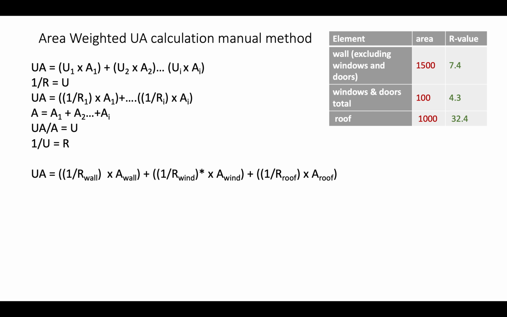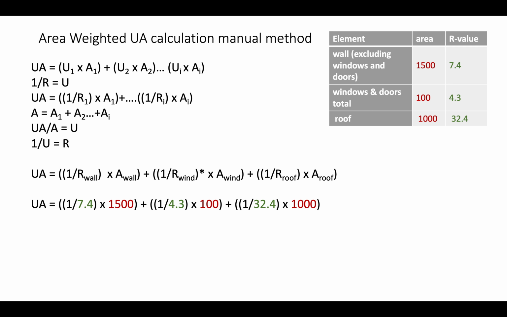So we can set up this particular example with 1 over the R value of the wall times the area of the wall, plus 1 over the R value of the window times the area of the window, plus 1 over the R value for the roof times the area for the roof. And to make it a little easier, I've put all the U factors or R values, since one is the reciprocal of the other, in green, and I've put the areas in red just to help us visually track what we're doing.